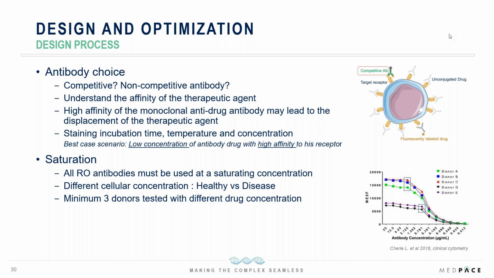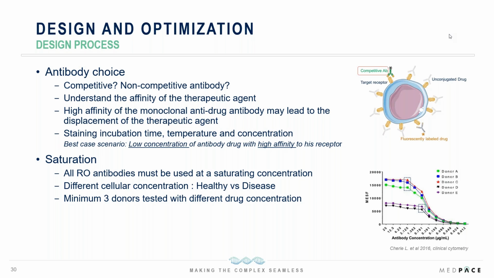We can as well play in the affinity consideration by really playing with the incubation time, temperature and concentration. For example, if you have a low concentration of an antibody with a low affinity, you may need to increase the time of incubation in order to increase the chance of detection of the receptor by this antibody.